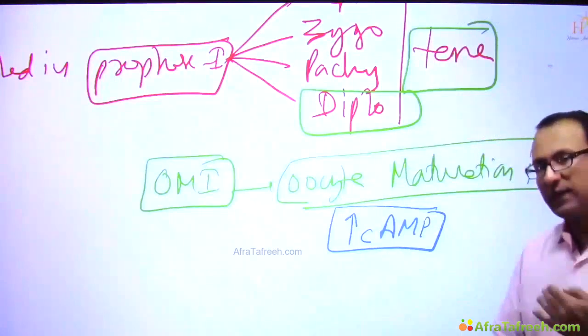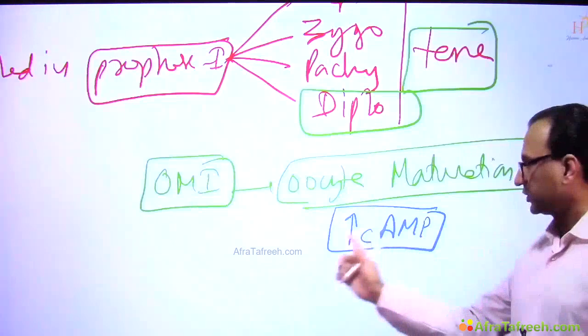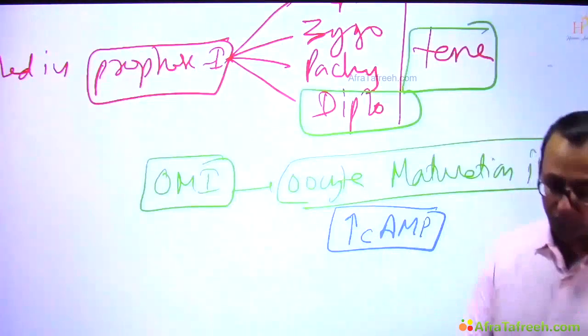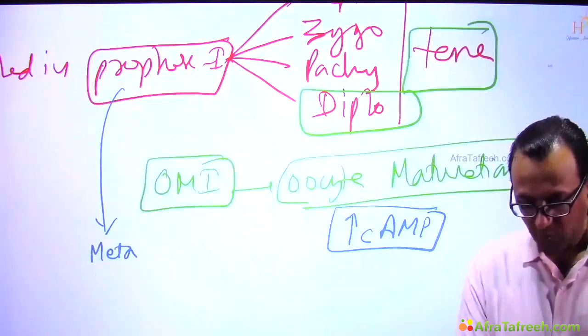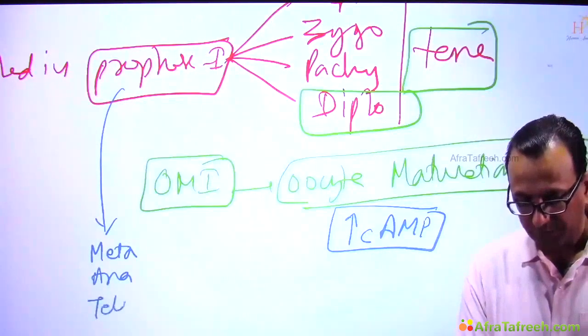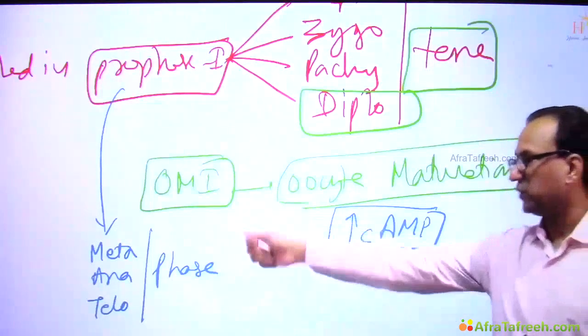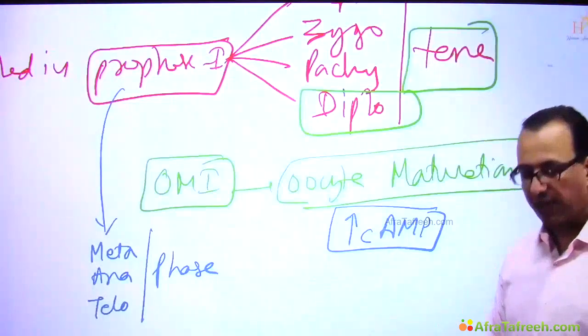But how will I reverse it? Actually, when this raised cyclic AMP is there, the cell cannot move into the next stages, which are metaphase, anaphase or telophase. Now, if it cannot move into metaphase, anaphase, telophase, then how do I break the prophase arrest? For that, you must achieve puberty.